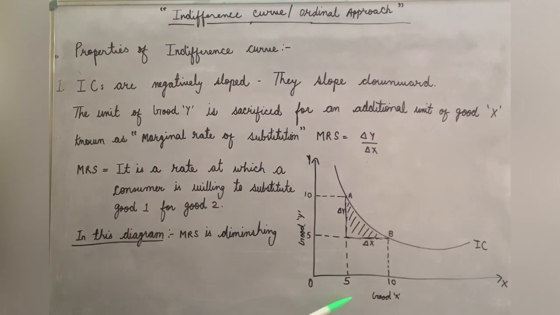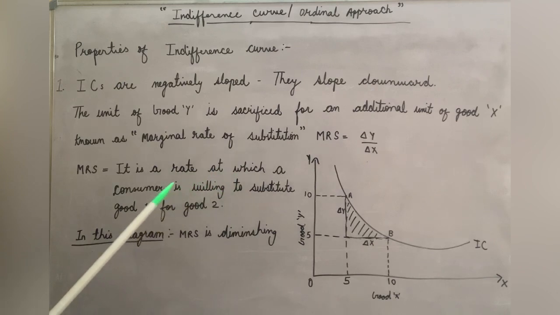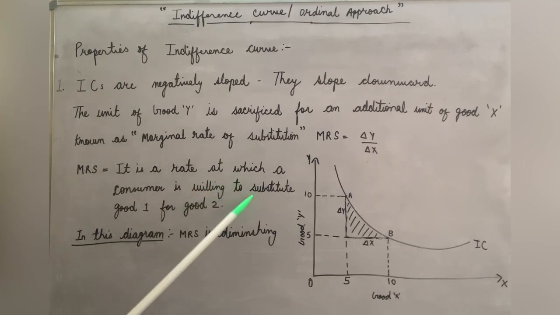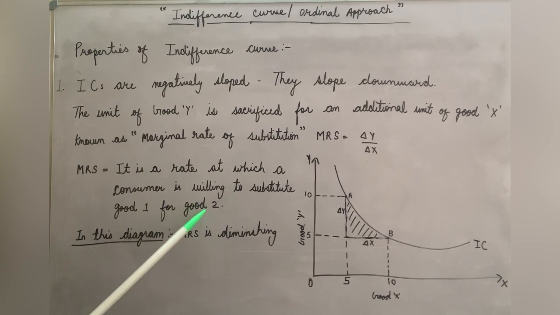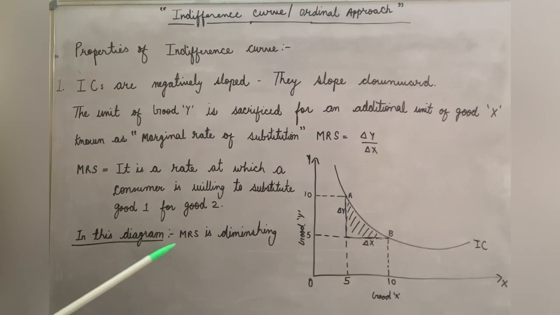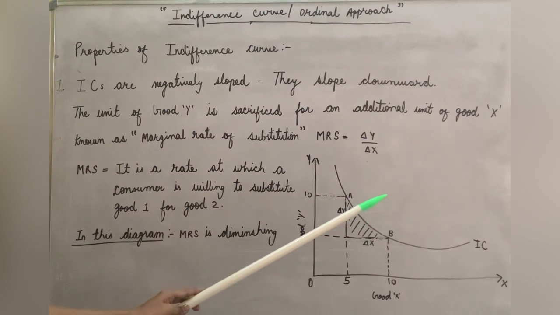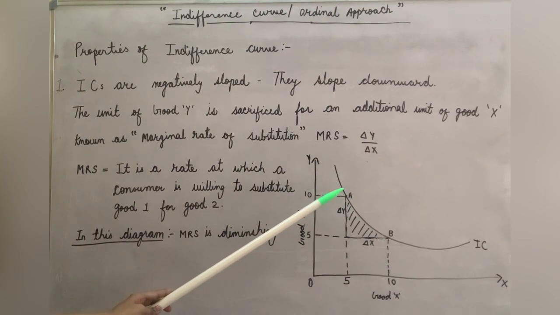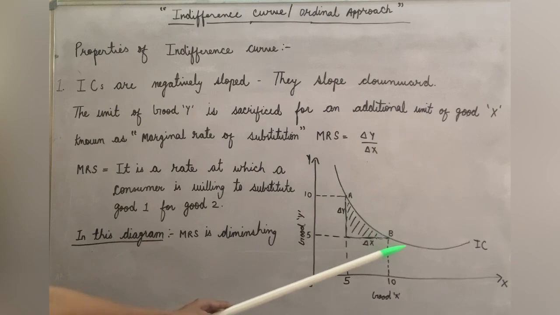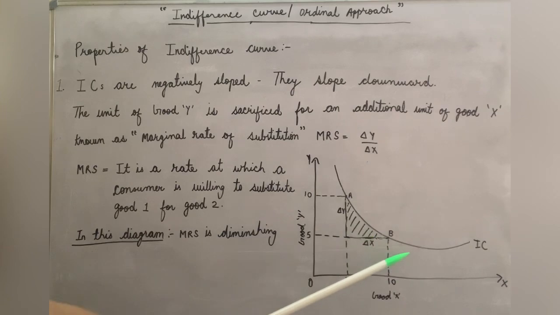So MRS is the rate at which a consumer is willing to substitute good 1 for good 2. Here the consumer is substituting good 1 for the sake of achieving good 2. So in this diagram, we can say that MRS is diminishing. We are not discussing the shape here. We are just discussing that the slope of the IC is the marginal rate of substitution and it is downward sloping.